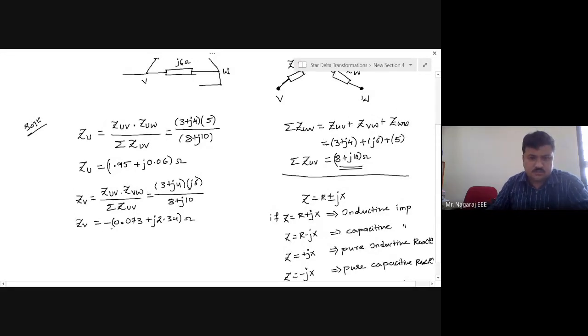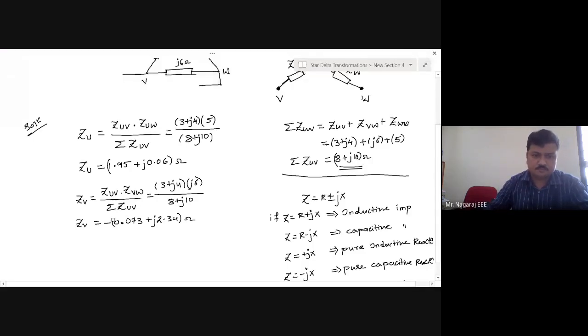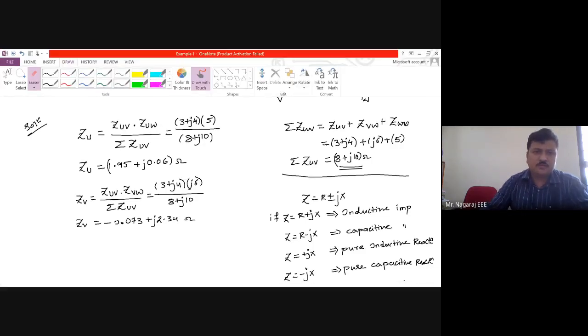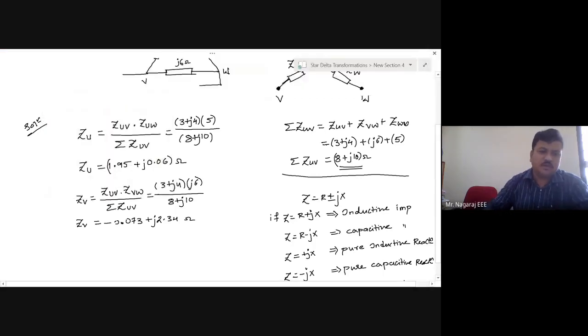See, the real term usually will not be negative in complex numbers. Here the negative sign in the real term is minus 0.073.